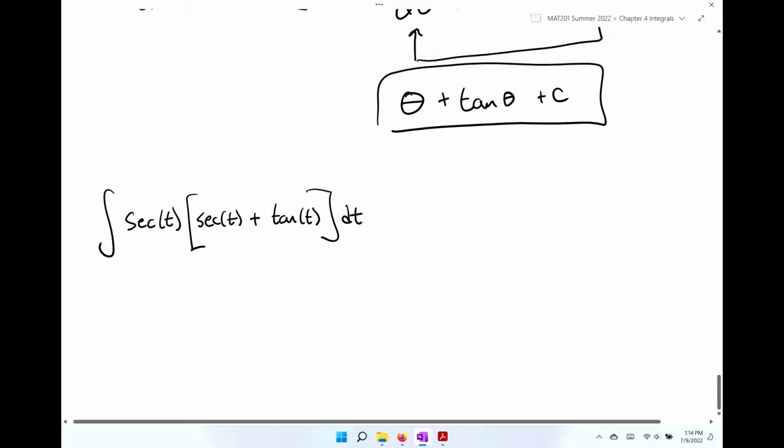So the first thing I'm going to do here is algebraically manipulate a little bit. We're going to get the integral of secant squared t plus secant t tangent t dt.